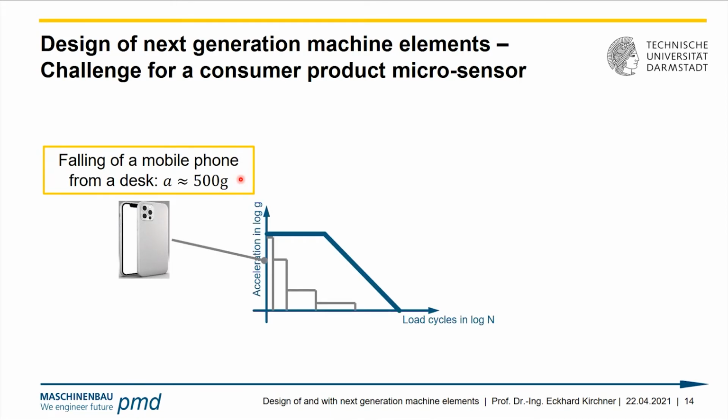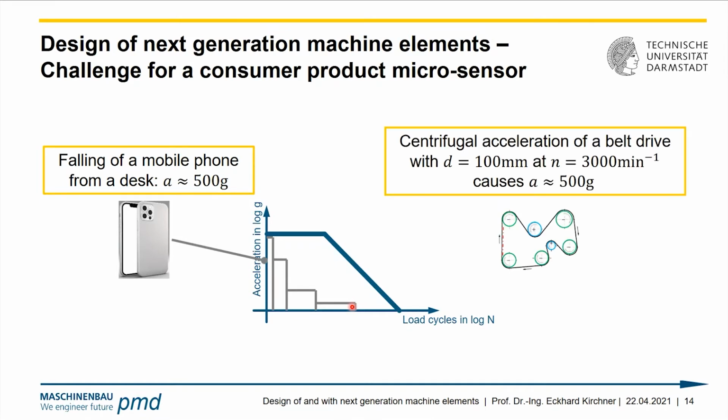If we look to the Euler diagram for such a component, we see, okay, we are somehow here in the short low cycle fatigue area. When we compare that with a tooth belt, we will all of a sudden see that 500 G, that's almost nothing for a tooth belt.